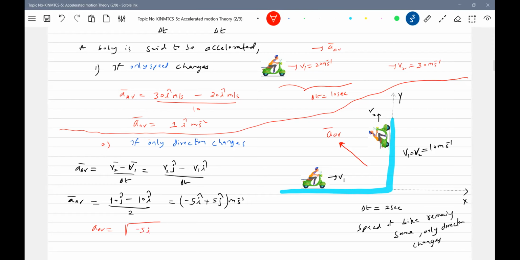Square root of minus 5 i cap squared plus 5 j cap squared. This equals the square root of 25 plus 25, which is 5 root 2. And the direction makes an angle of 45 degrees.